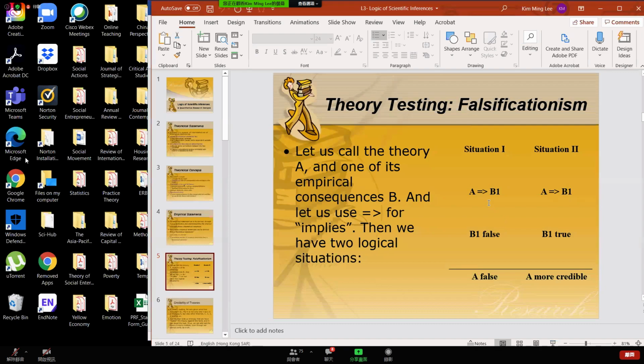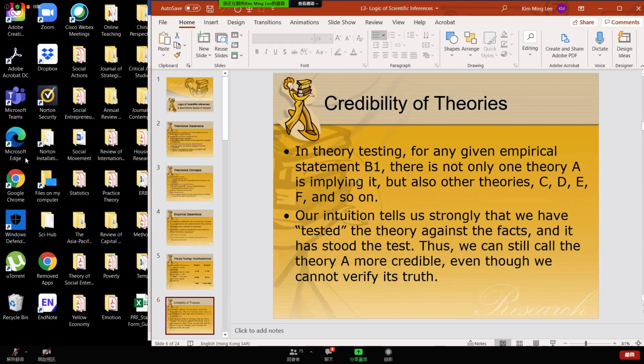Okay, can you get it? So this is what happened. We can be sure B1 is implied by A, but also by other theories, C, D, E, F, because there are other theories implying the same empirical statement. Our intuition tells us strongly that we have tested the theory against the fact, and it has stood the test.